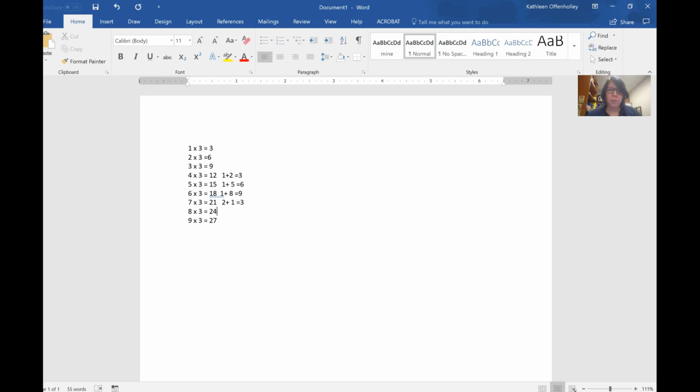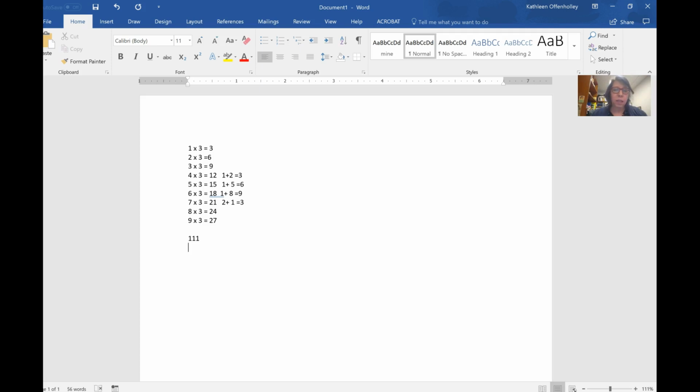This one adds up to 6. This one adds up to 9. You can tell if a number is a multiple of 3 because the digits add up to a multiple of 3. For example, the number 111, I know that's divisible by 3 because 1 plus 1 plus 1 is 3.